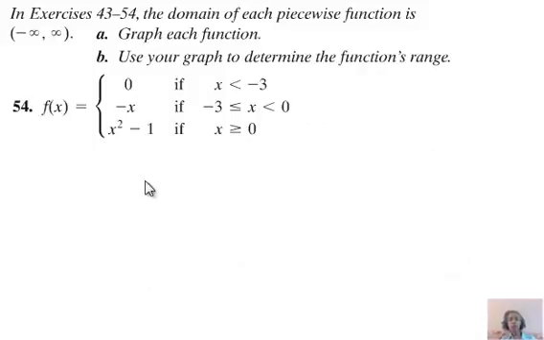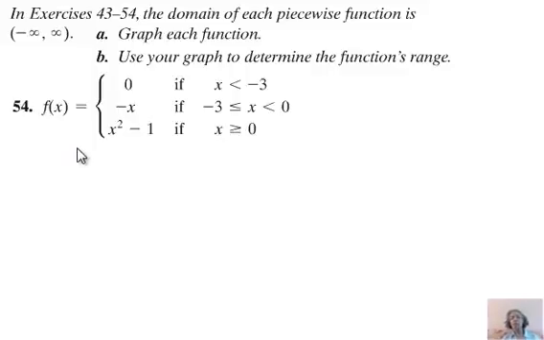So let's look at number 54. Here I'm being asked to graph the function. And so I want to use the graph to determine the function's range. So notice if x is less than negative 3, the function's value is 0.